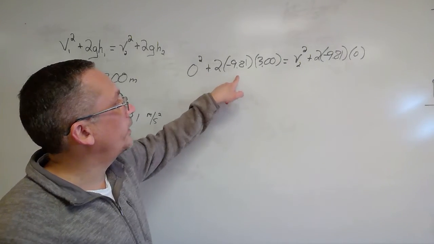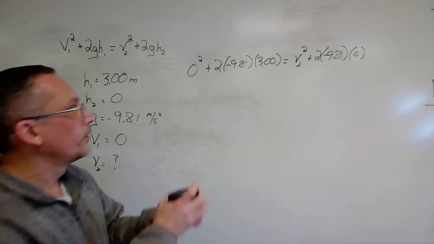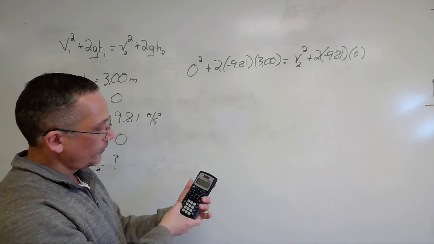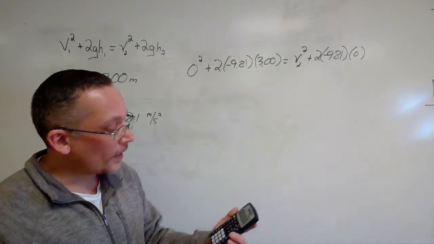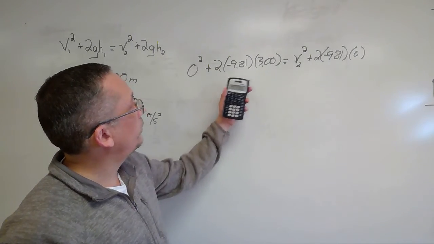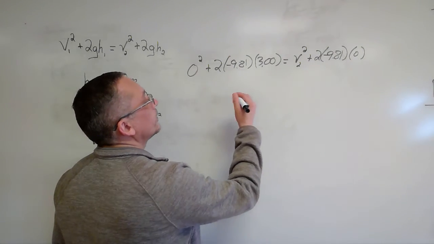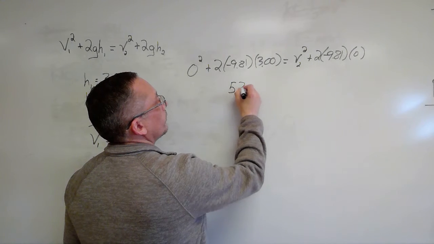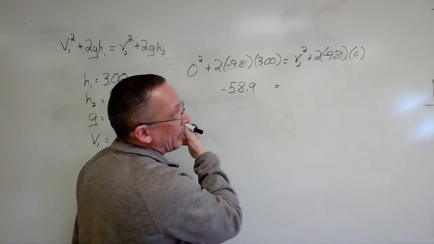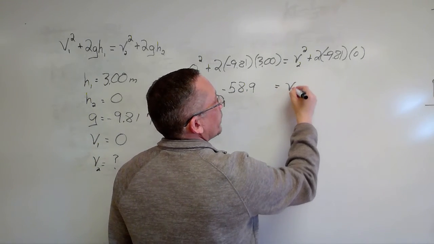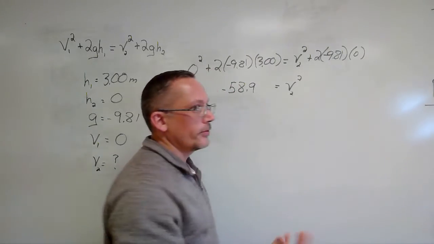I'm going to grab my calculator and work out what all that stuff is. And there I get, to 3 significant figures, negative 58.9. And then over here, we have v2 squared, and then that is 0.